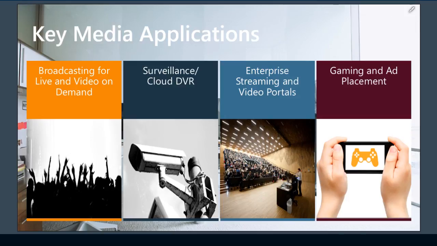So drilling down a little bit into what it is, this slide really just shows the big, broad, high-level aspects of what you can do with Azure Media Services: broadcasting for live video and on-demand video. Obviously, there's surveillance capabilities, enterprise streaming video portals, and gaming and ad placement that you can do.